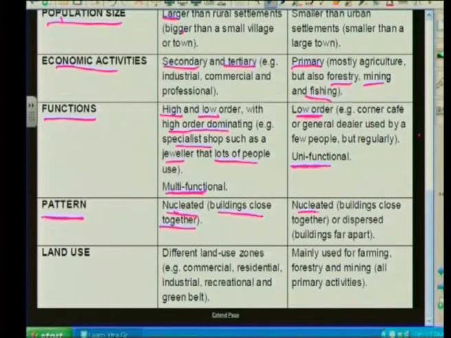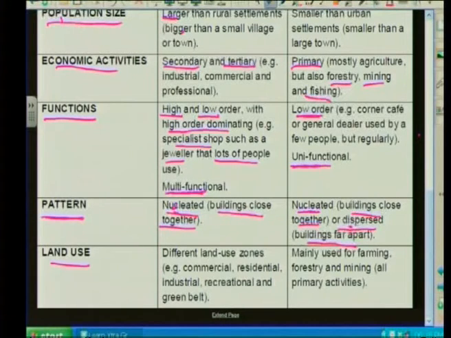However, in rural settlements, buildings are also close together, but they're more far apart. We have in an urban settlement nucleation dominating. However, in rural settlements, we have both dispersed and nucleated.